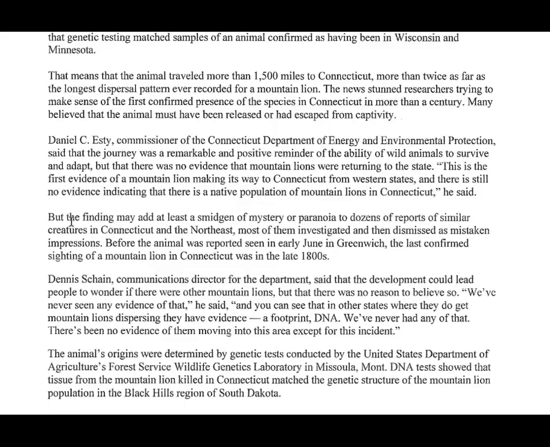Daniel C. Etzy, Commissioner of the Connecticut Department of Energy and Environmental Protection, said that the journey was a remarkable and positive reminder of the ability of wild animals to survive and adapt, but that there was no evidence that mountain lions were returning to the state.